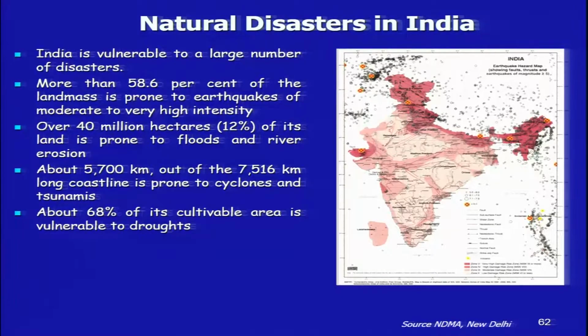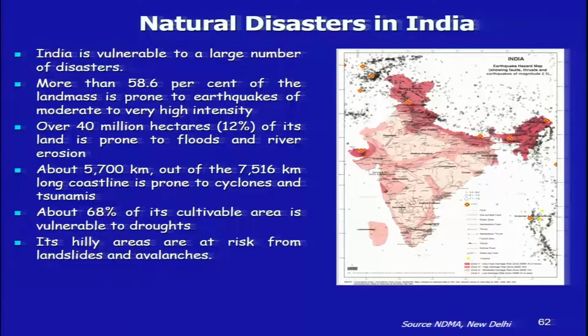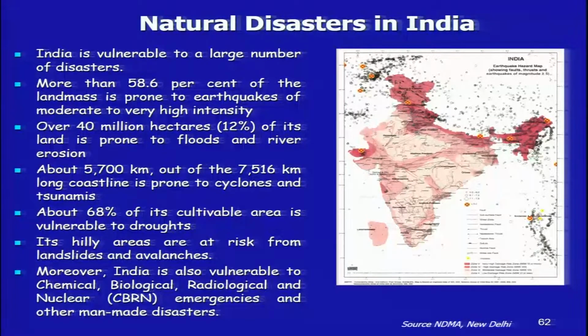About 68% of the cultivated area is vulnerable to drought. Hilly areas are at risk from landslides and avalanches. Moreover, India is also vulnerable to chemical, biological, radiological and nuclear emergencies and other man-made disasters. So, not a single piece of land has been left out here.